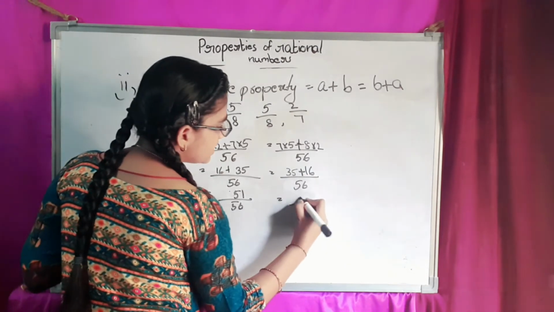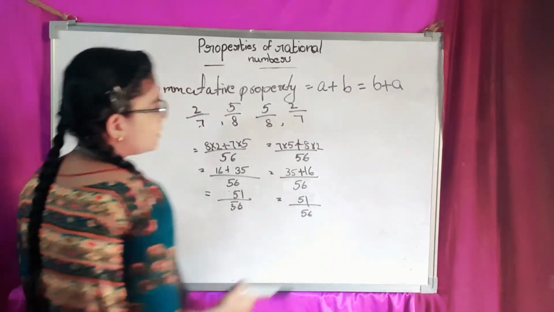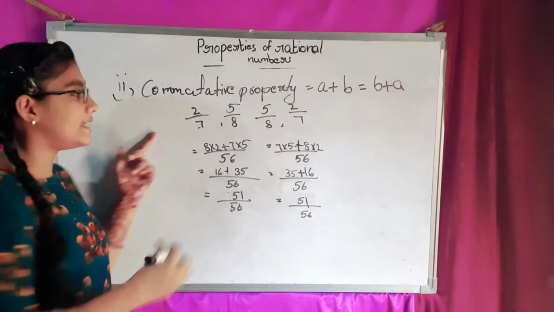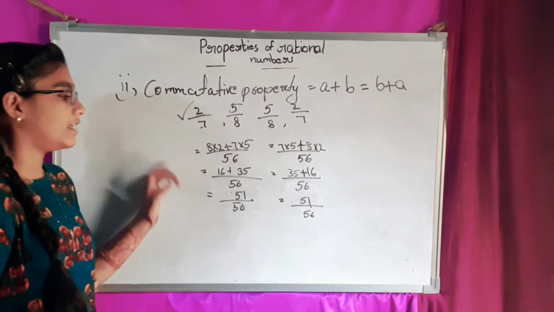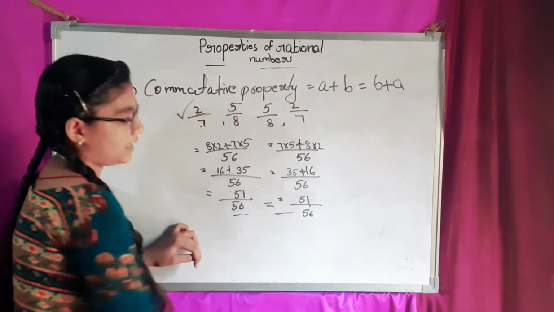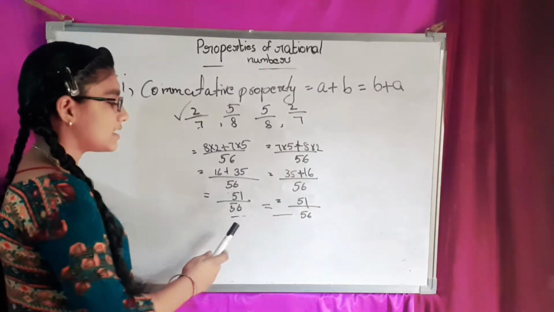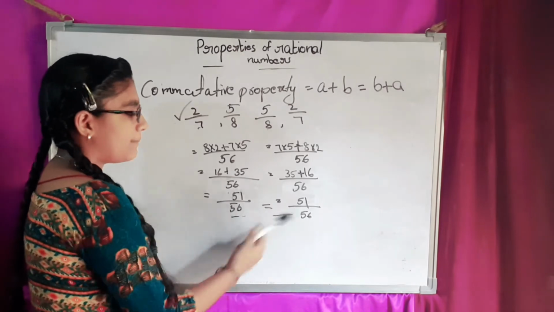The answer is 51. The commutative property is satisfied in addition, because these two numbers are equal.